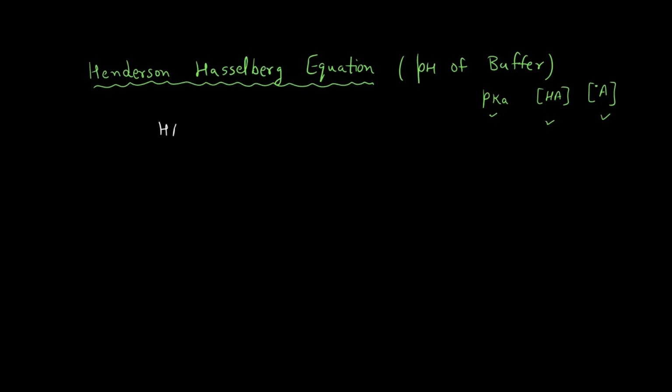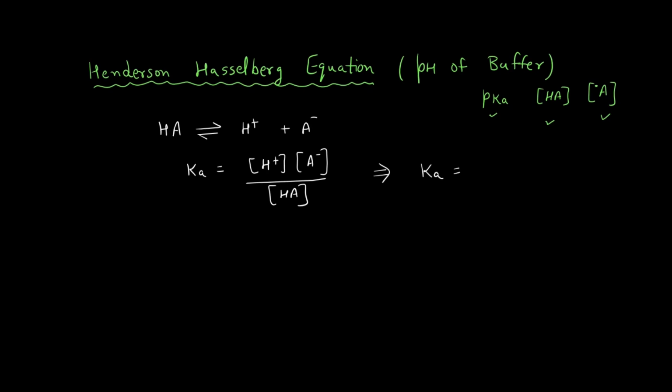Let us take an example. HA represents our weak acid, and it dissociates partially to give us H+ ion and A- ion. Now we can write the equilibrium constant for this acid: Ka equals H+ ion concentration multiplied by A- ion concentration over concentration of HA.